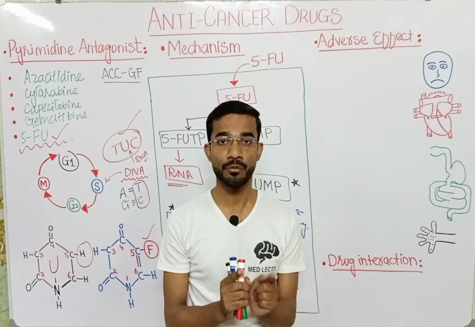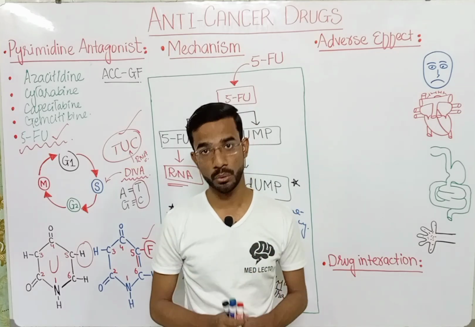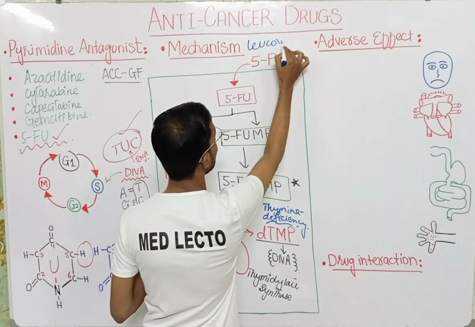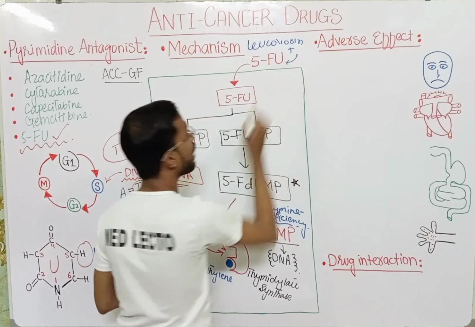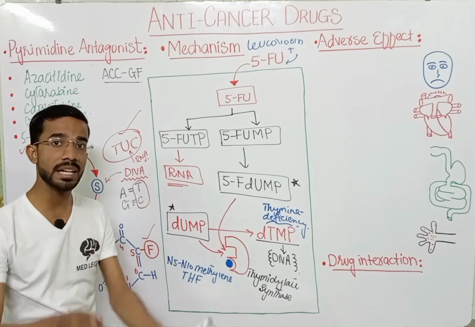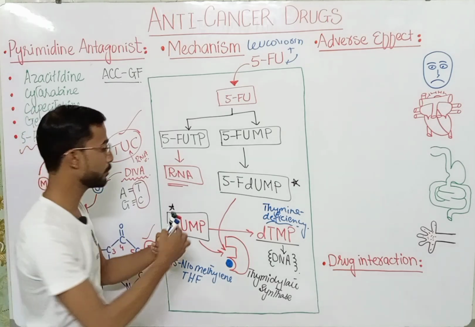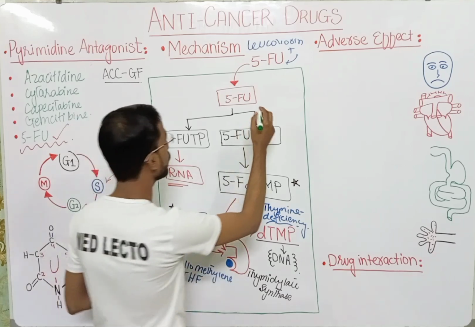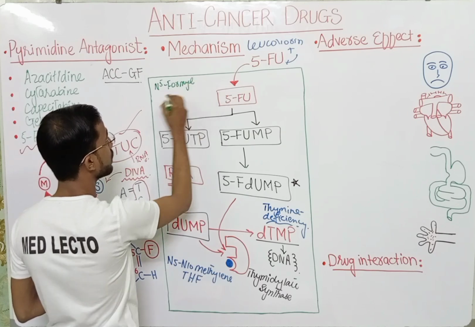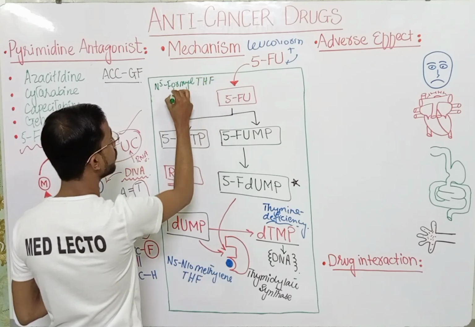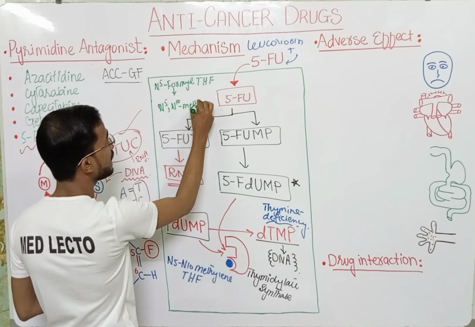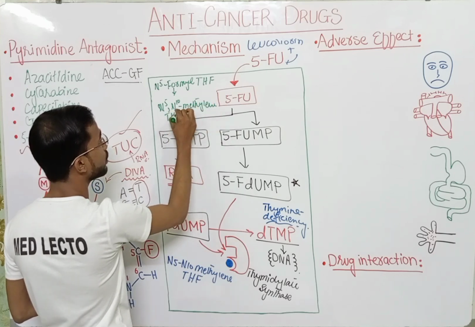We take the leucovorin along with the 5-fluorouracil. Why? Because leucovorin is involved in the direct conversion of the N5-formyl tetrahydrofolate into N5,N10-methylene tetrahydrofolate.